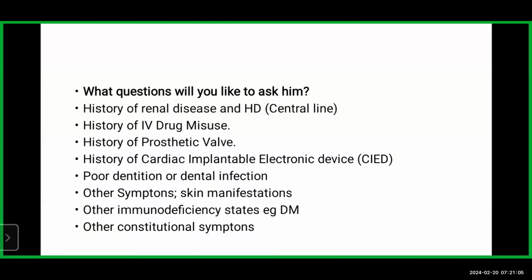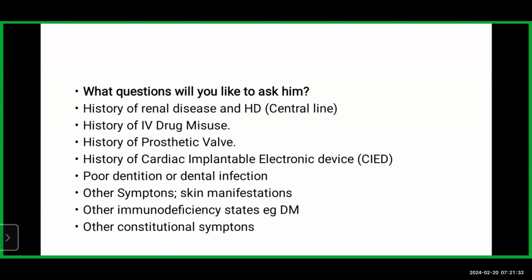Does he have poor dentition or any dental infection, dental abscess that may put him at risk? Does he have other symptoms of infective endocarditis? Does he have skin manifestations, splinter hemorrhages, petechiae, Osler nodes, Janeway lesions? Is he immunodeficient? That may also put him at risk of infective endocarditis. In addition to what we have been given, is he also diabetic?